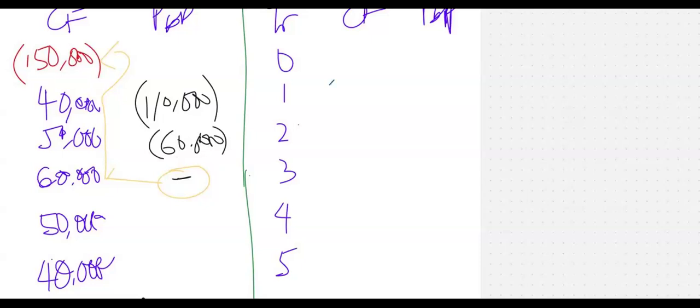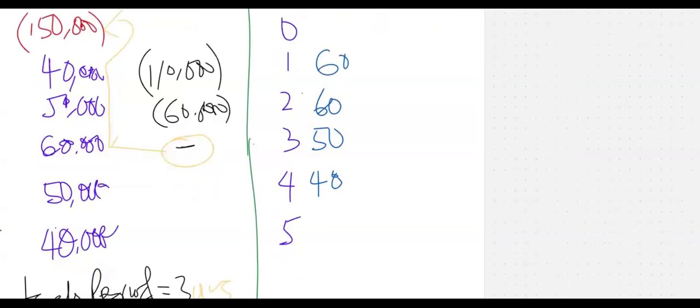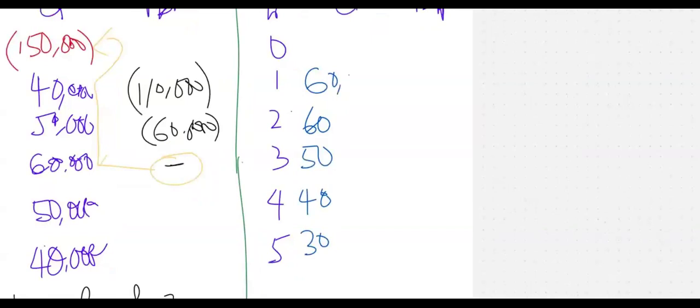So you're going to have here 60,000, 60,000, 50,000, 40,000, 30,000.